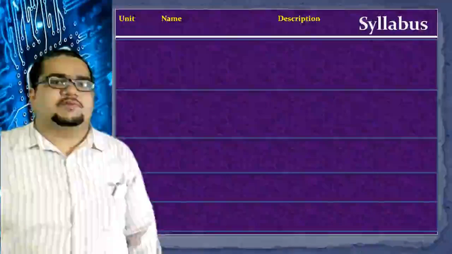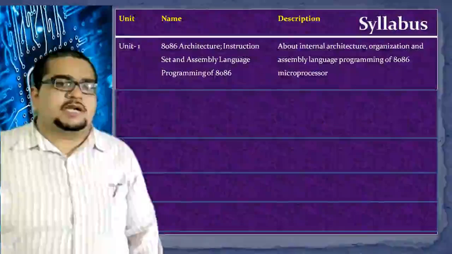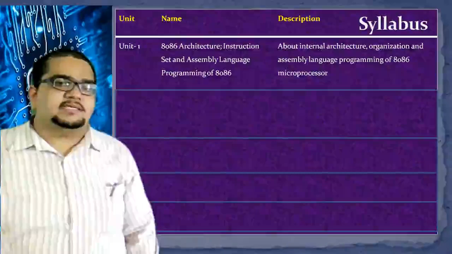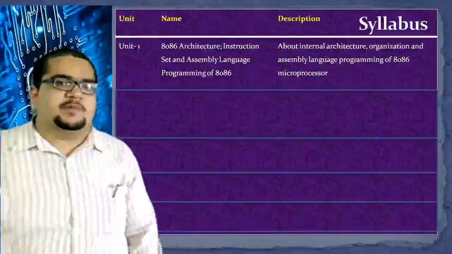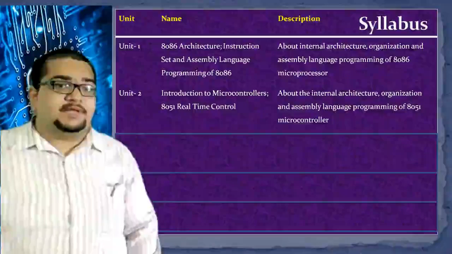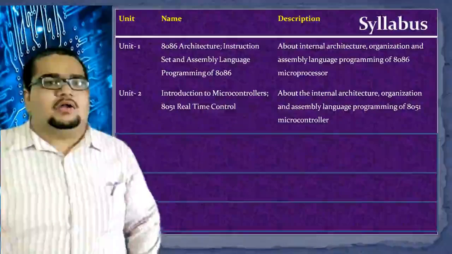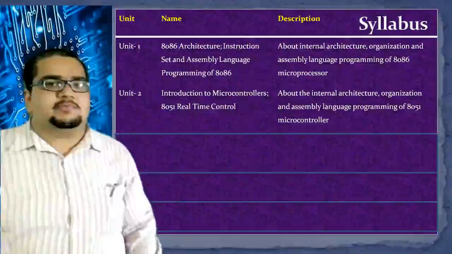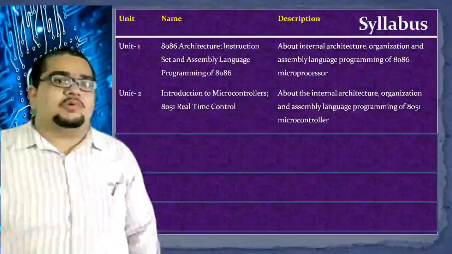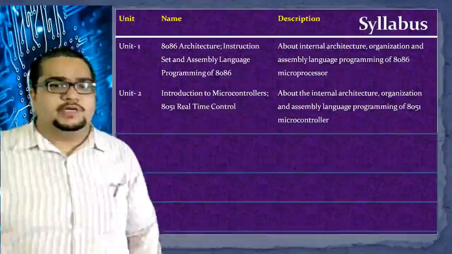In the syllabus, we have seen that unit 1 consists of the 8086 microprocessor and all the related things about it: its internal architecture, its assembly language programming and all. Unit 2 talks about the microcontroller, specifically the 8051 microcontroller, which is an 8-bit microcontroller. The things we have seen for the 8086 in unit 1, such as internal architecture and programming, we shall discuss similarly for the 8051 in unit 2.